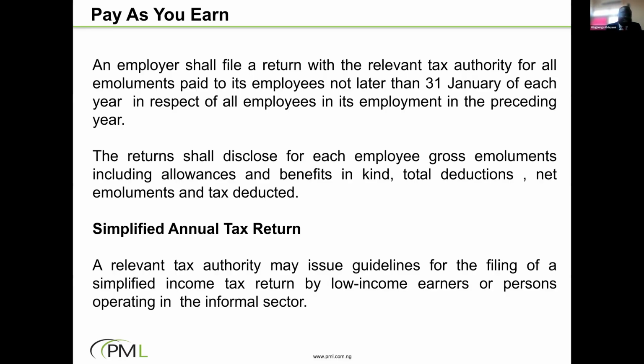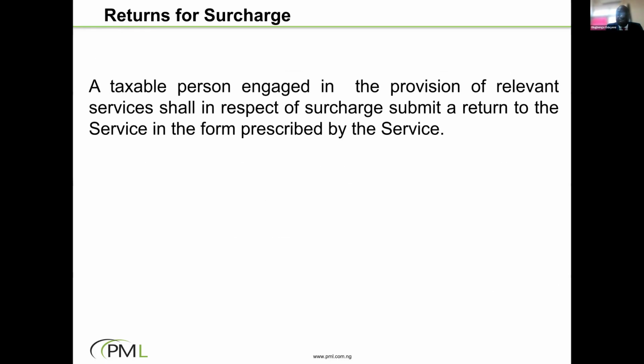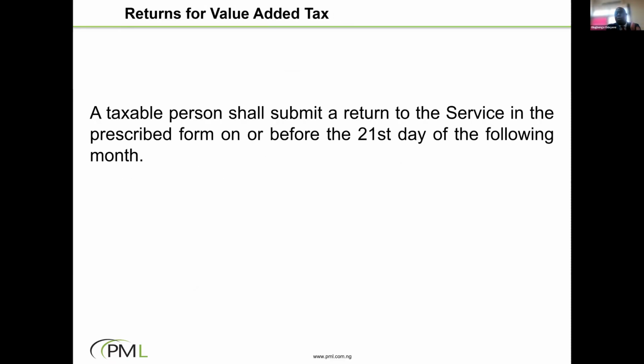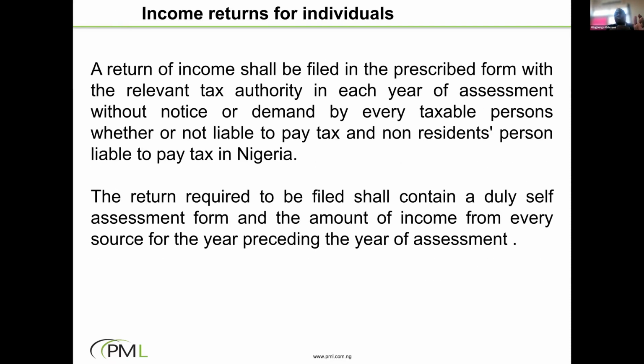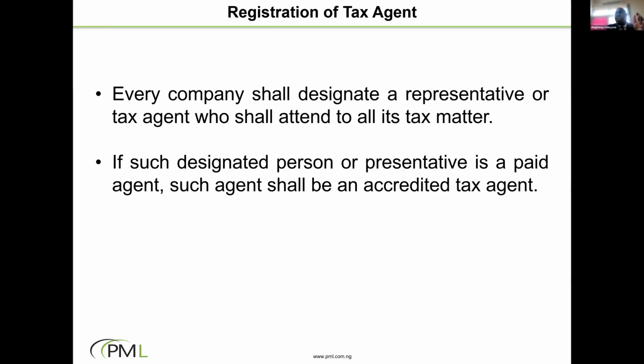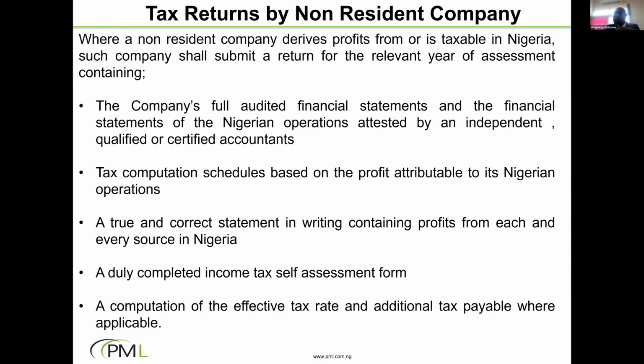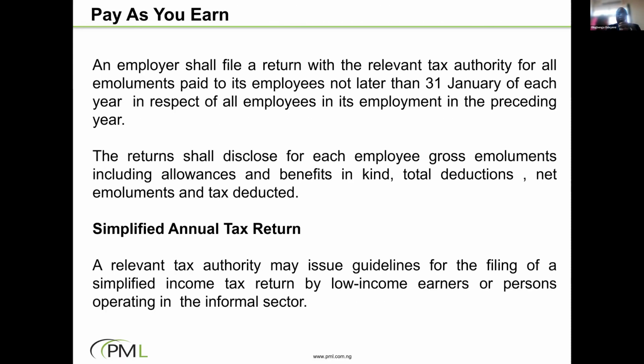So another thing is the pay as you earn. This is the easiest part. For people that are in employment, their organization as an employer has to deduct on their behalf and remit to the relevant tax authority. Later on, we're going to talk so much about the differences between what it used to be, because this particular law has now repealed the Personal Income Tax Act 2011 that we used to refer to when it comes to pay as you earn.